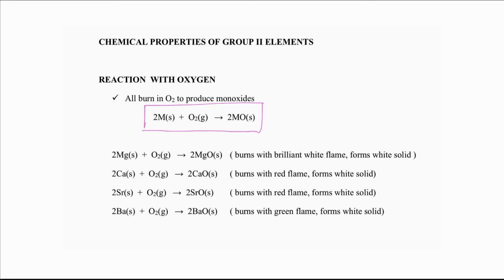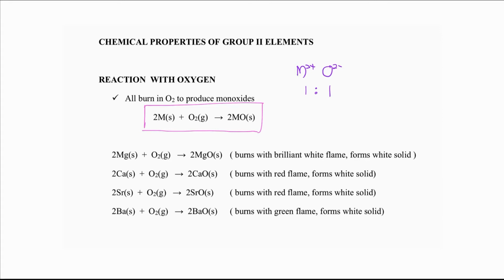Why is it a monoxide? It is because the charge of the group 2 metal is 2+ and the charge of the oxide ion is 2-, so the ratio of them will be 1 to 1. We are required to know the equation of them reacting with oxygen in the air and also the observation.